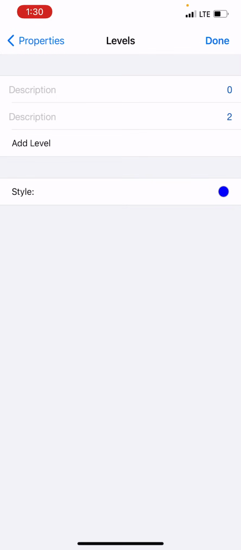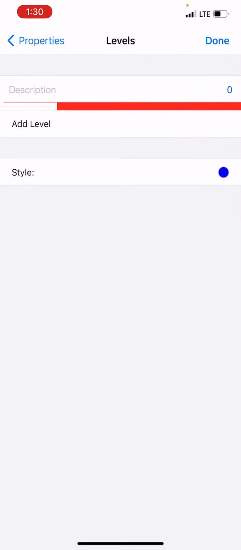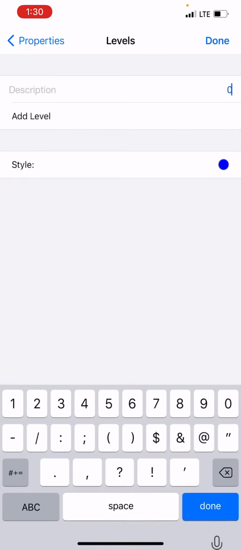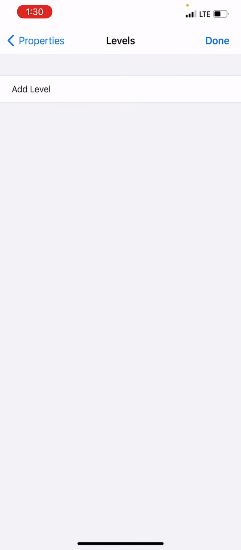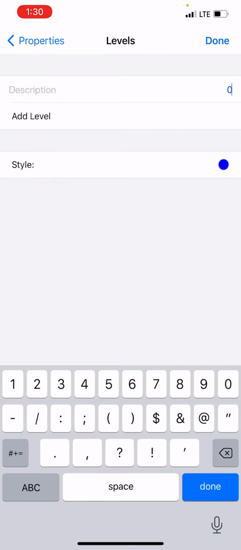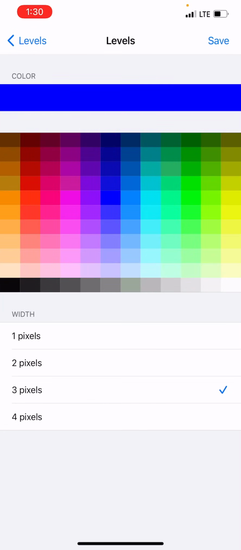Then you get to the levels. Let me delete the levels. If you want to add levels, you click on add level. Then you just add 2. The style, make it 2 pixels.